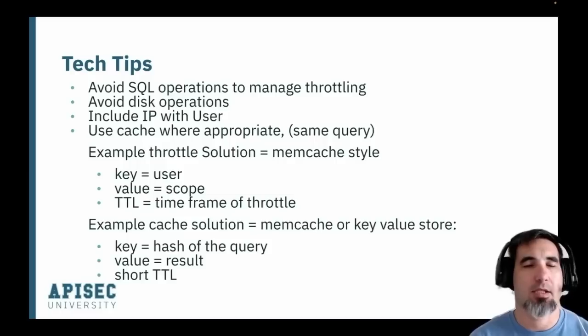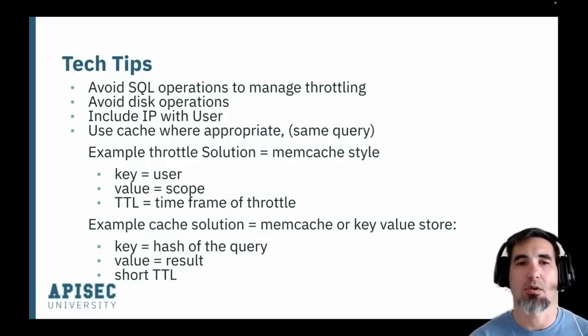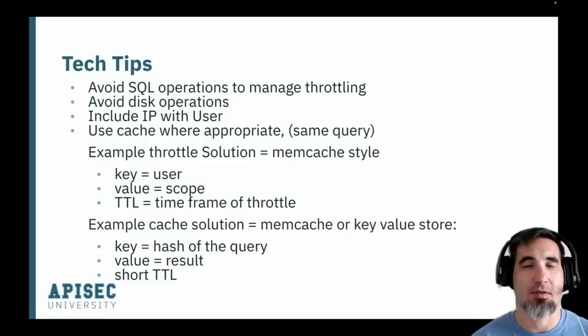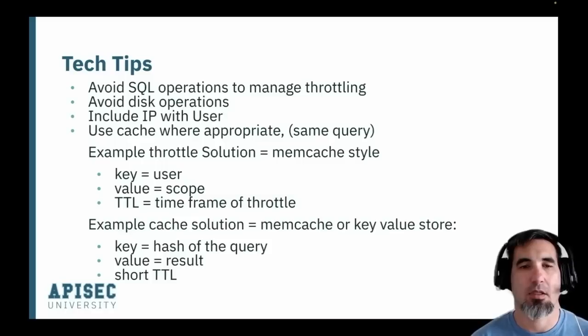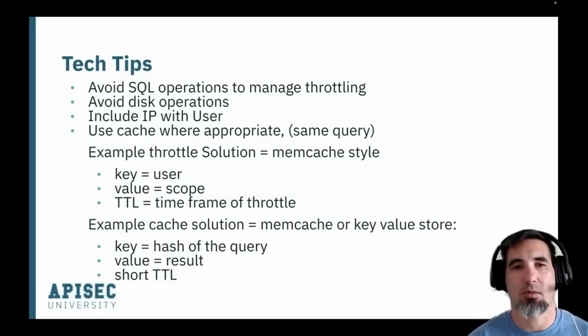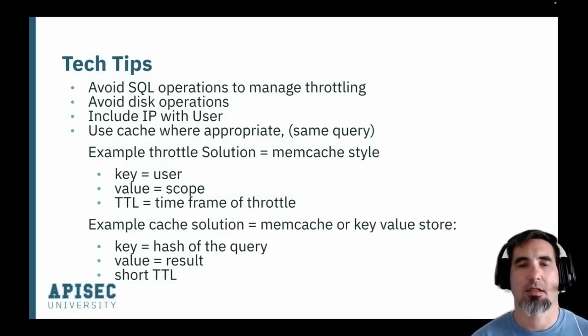I'm talking about your relational database type stuff. If you've got some fancy in-memory NoSQL or SQL operation that doesn't ever hit the disk, that might be something different. But try not to use your traditional Postgres or MySQL database to manage your throttling. It's going to have a limitation on its own.